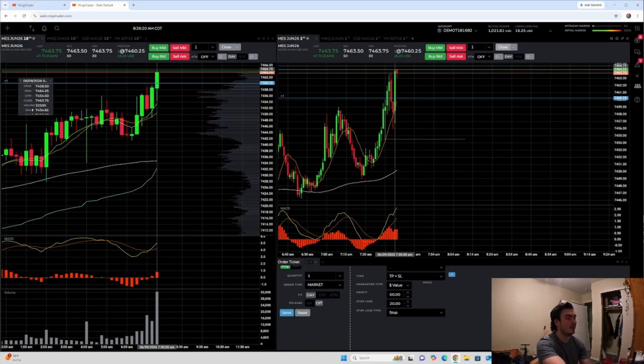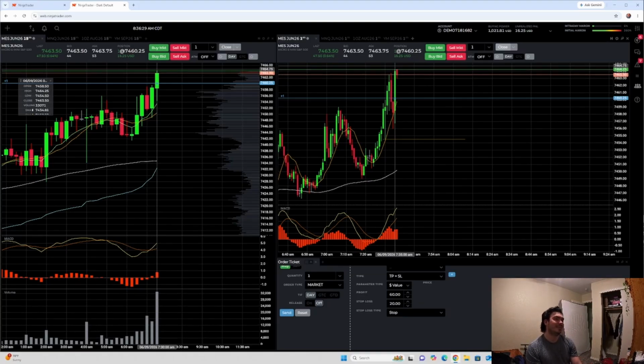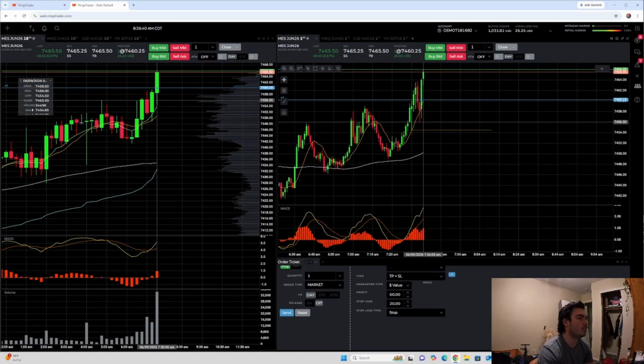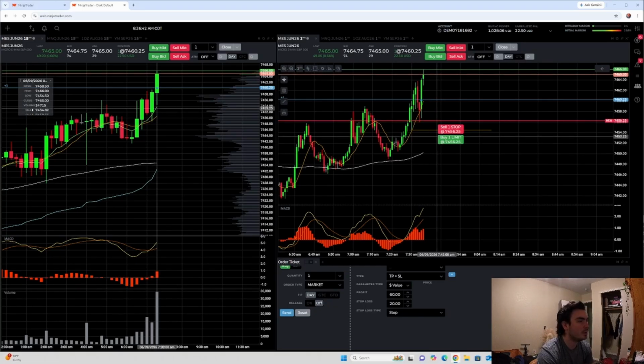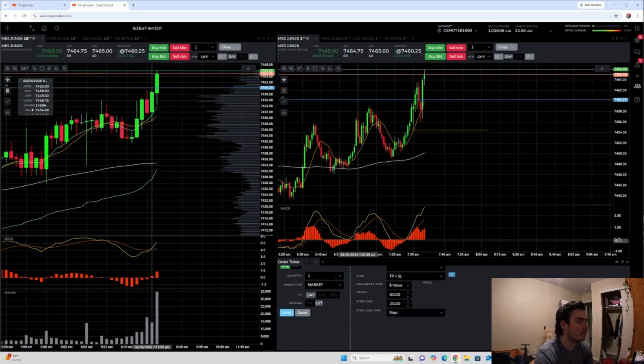But I have my set stop and then the profit. So for the stop I have $20, and then profit I have $60. So a risk of 1, 2, 3. But I forget that here on the computer, if you do this and set this, it doesn't automatically autofill. I have to send it manually.